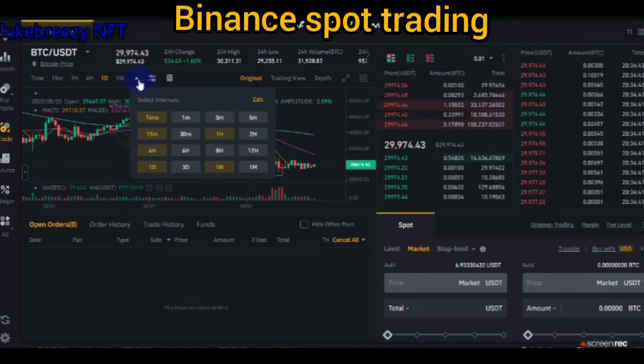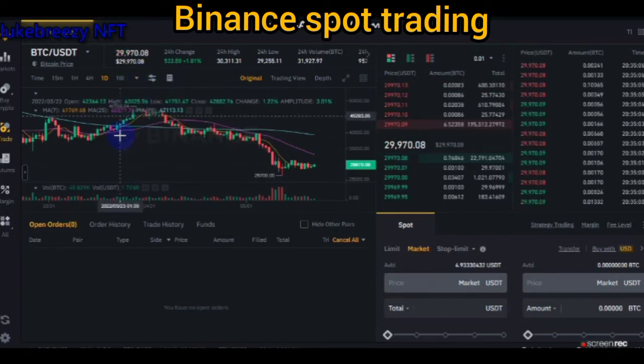So you can edit and select your interval to be able to read the chart if you are a pro. But as a beginner, if you don't know how to read the chart, just stay low and find trustworthy platforms or groups where you can get a signal, either a paid signal or a trustworthy person that can give you a free signal, so that you can enable your trading.